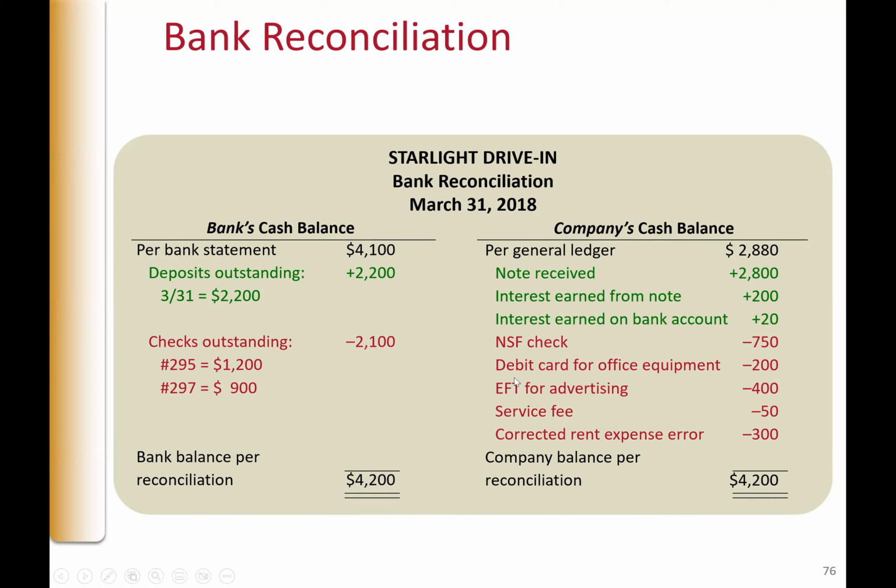And we need to then correct that one check we showed was 2,600 when in fact it was 2,900. When we adjust the company side, we end up with a company balance per reconciliation of 4,200, which is the exact same amount we show on the bank balance per reconciliation.